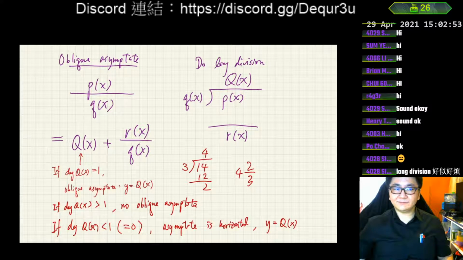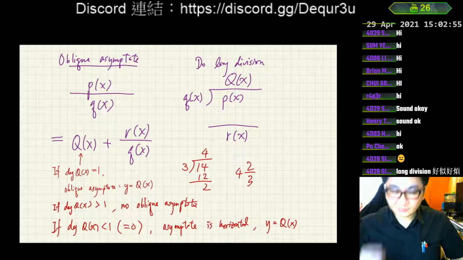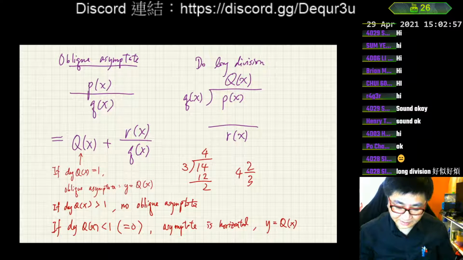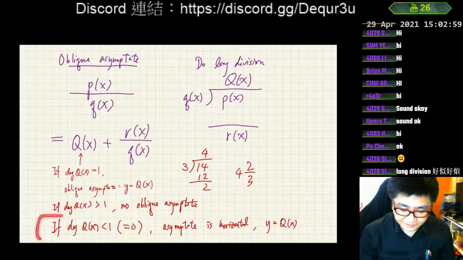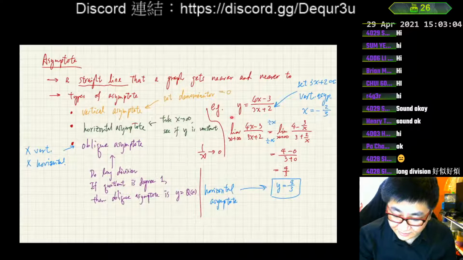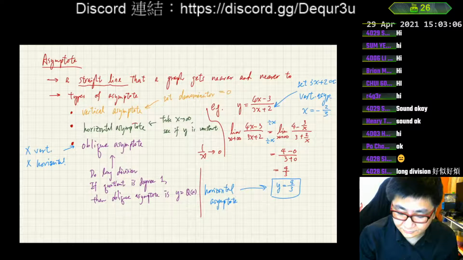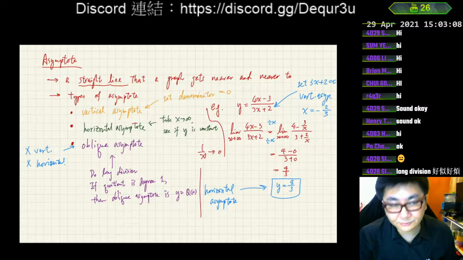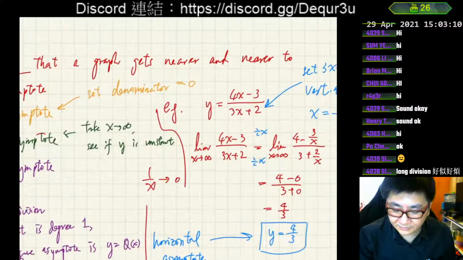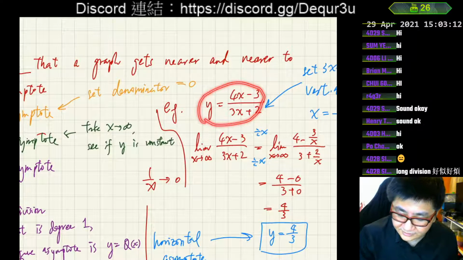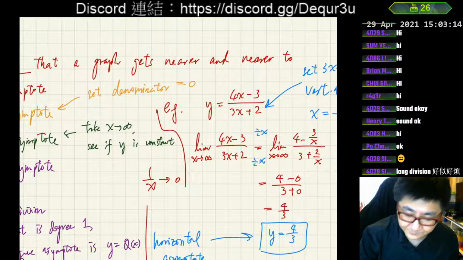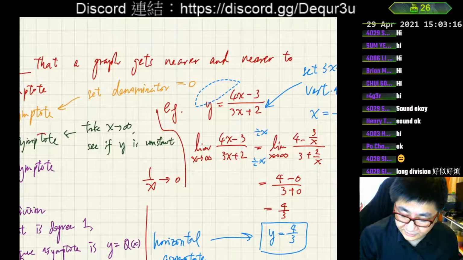We can do something like that by referring to an earlier example, especially about the degree 0 case. I take a previous example for a horizontal asymptote to show how this also works when we do long division. I do this example again, but without taking limits.